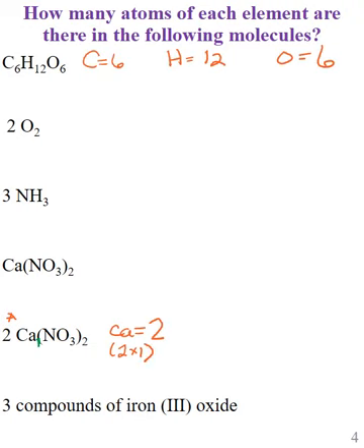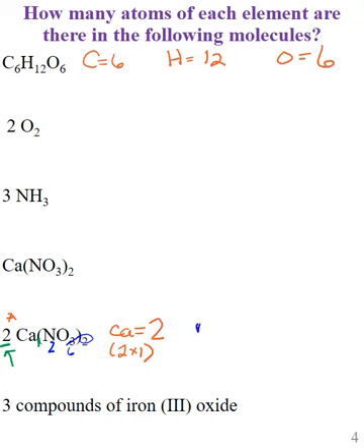Now what gets tricky is our polyatomic NO3. If I block off the coefficient, so let's say I don't look at this 2 yet, how many NO3s are there? There's 2 NO3s. So what I can do is go through and multiply through the parentheses. So instead of 3 oxygens, I can say now that there's 6, right? Because of that 2.